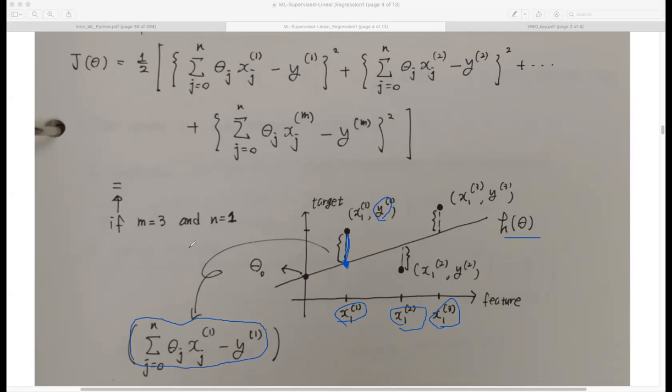All right, do you understand that? The second coordinate of that point is obtained by the evaluation of h. Actually, sorry, it's not h of theta, it's h of x.